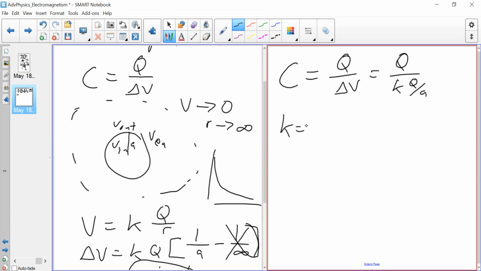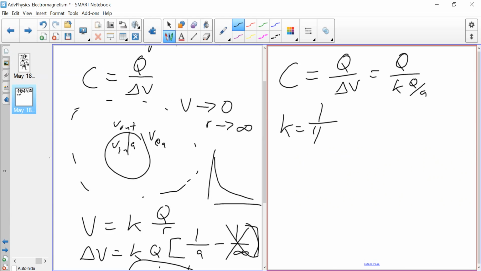We're just doing everything in terms of simplest terms. We're trying to get a new expression for capacitance in terms of these two plates at some distance from each other.